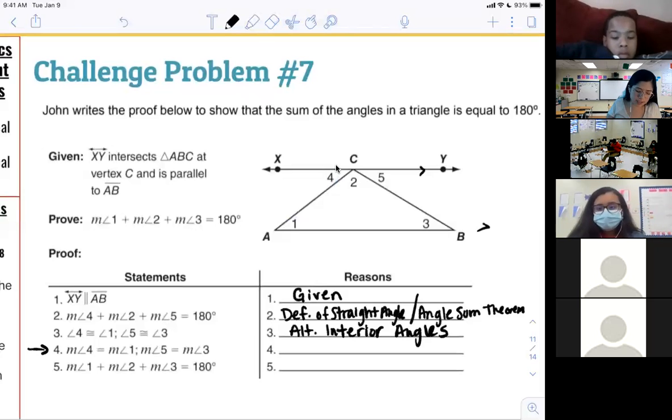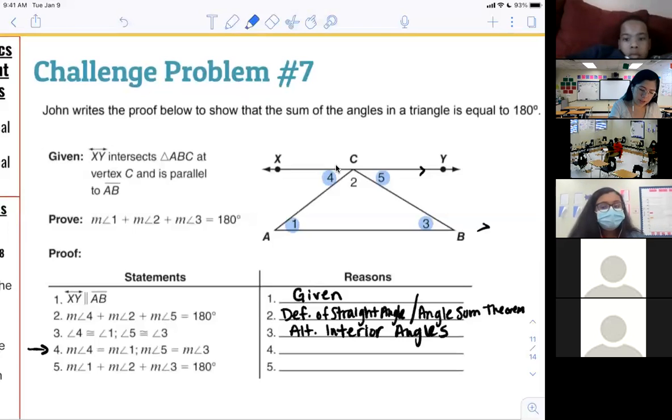Because this is saying the same thing. This is saying angle 4 is equal to angle 1 and angle 5 is equal to angle 3. So saying the exact same thing we already noticed, right? But here's the difference.